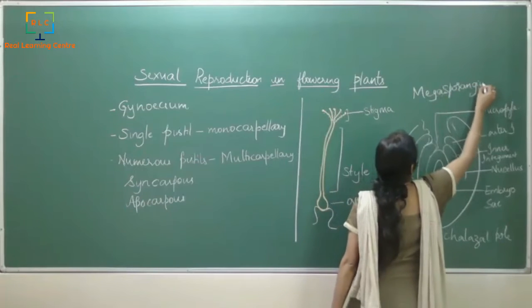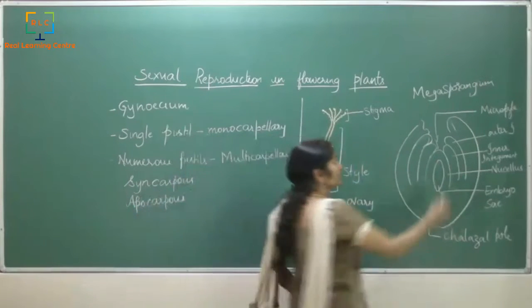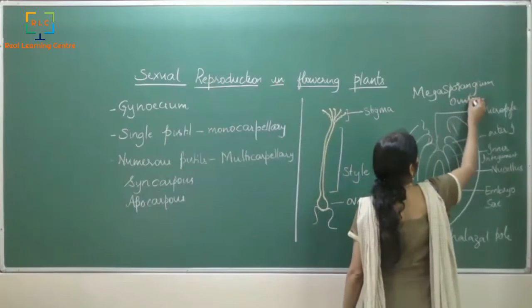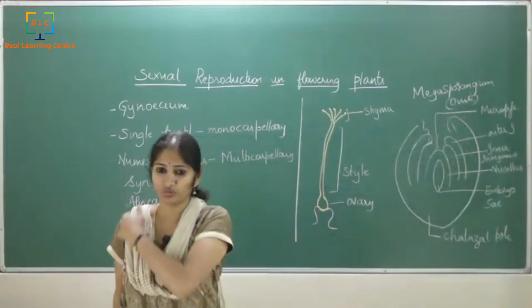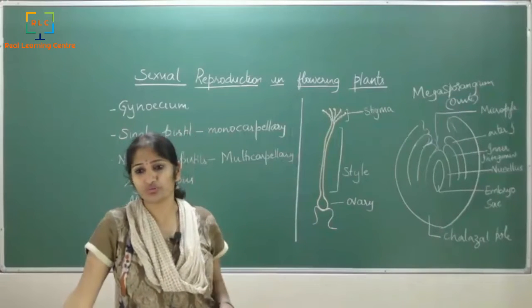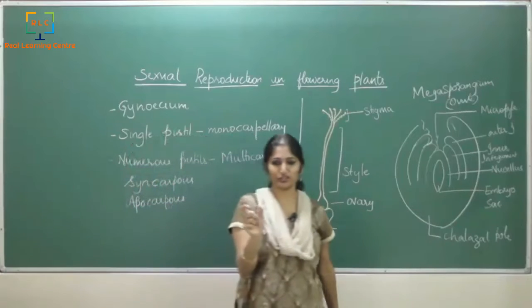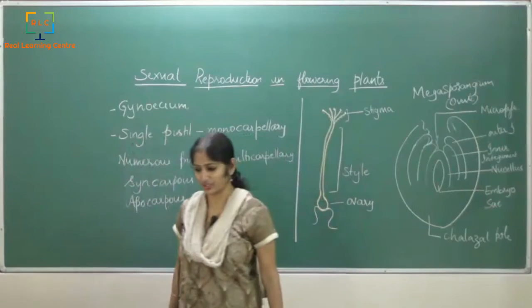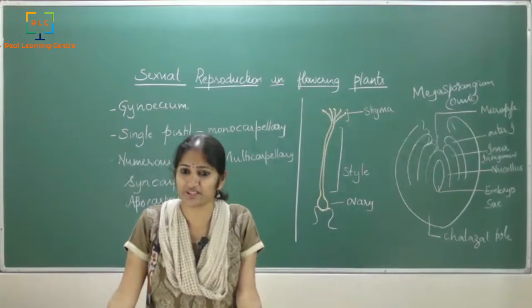It's called the megasporangium. Now the megasporangium is nothing but the ovule. This whole ovule is attached to the ovary through a very small, thread-like structure, which is called the placenta.